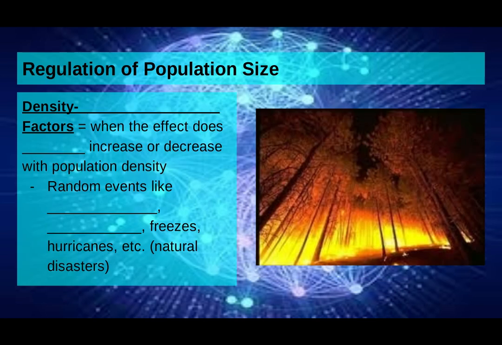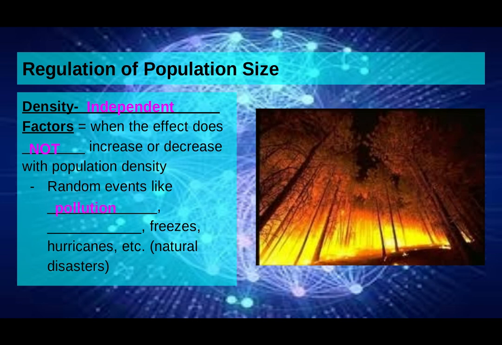Okay, so there are two other things that can affect population growth size. First are density independent factors, and that's when the effect does not increase or decrease with population density. These are things that will keep a population's growth in check, but it doesn't matter if it's a huge population or a small one.